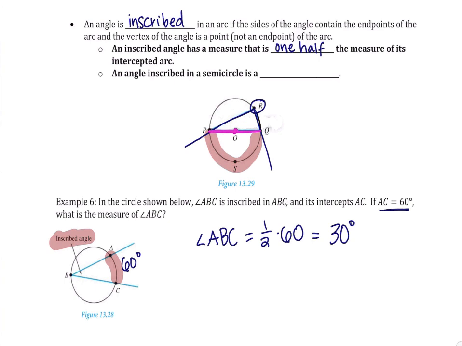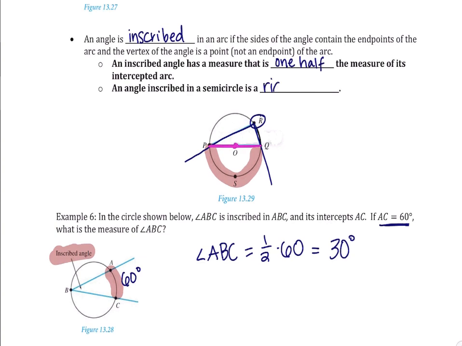So we have a very specific kind of inscribed angles. And here, when you have an angle that is inscribed in a semicircle, which means it's going to be defined by the endpoints of a diameter, then this is going to be a right angle.